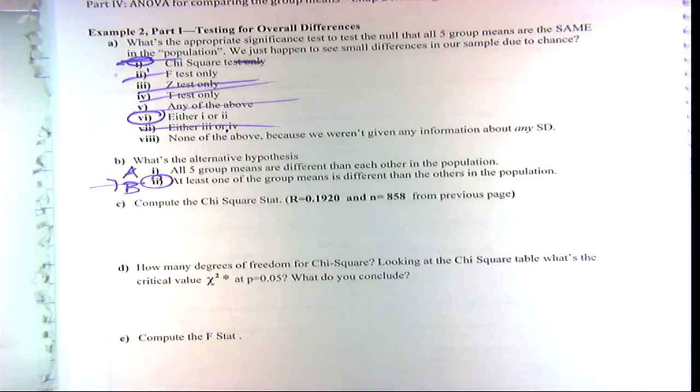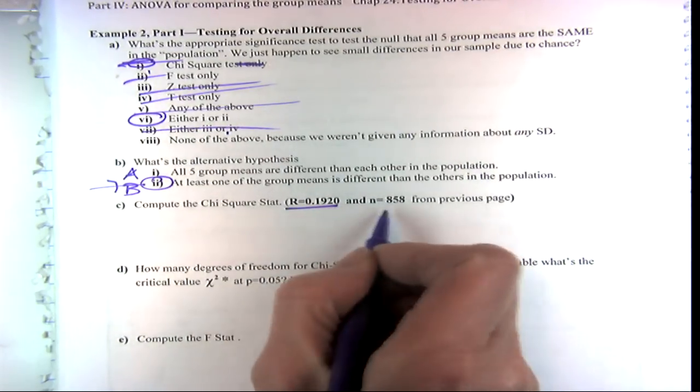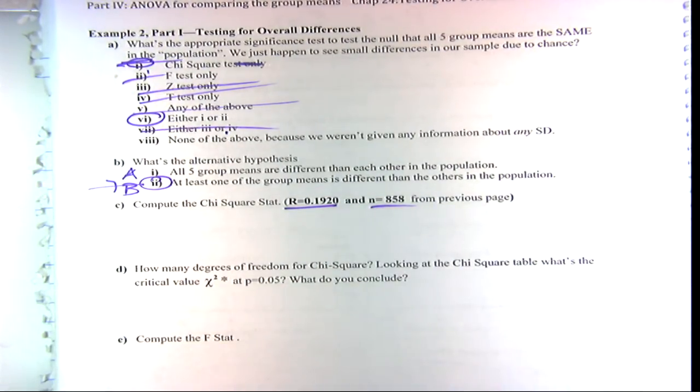This will help you. You don't have to calculate it out if you don't want. All you need is this and this. That's all you need for chi-square.